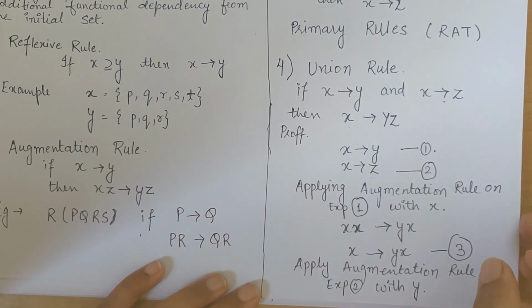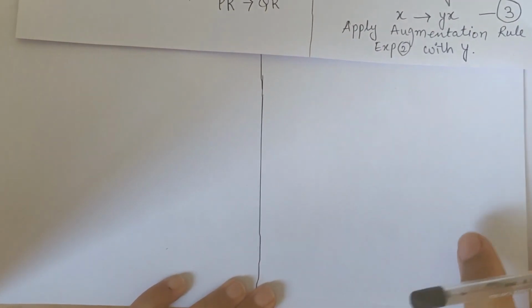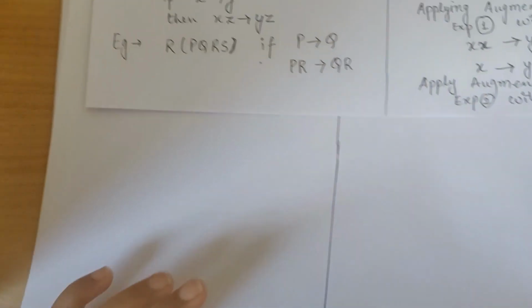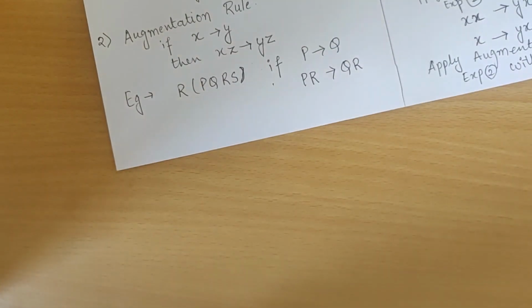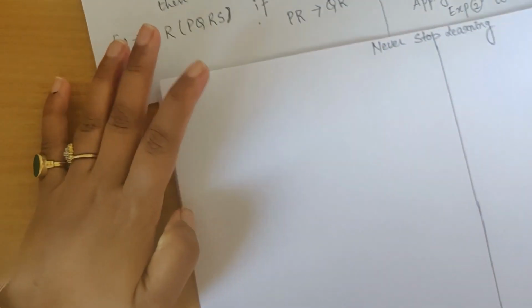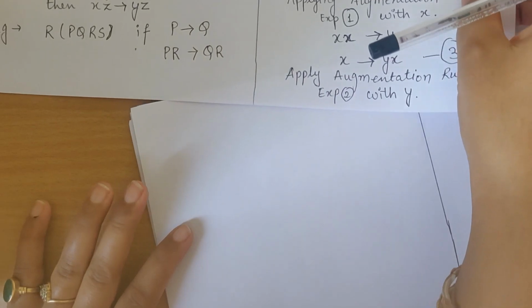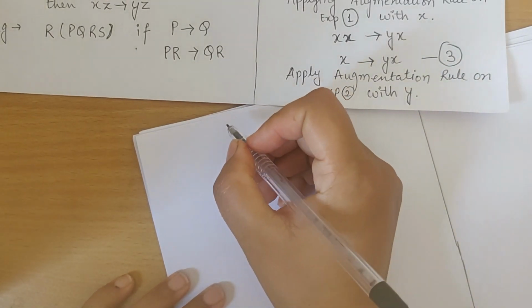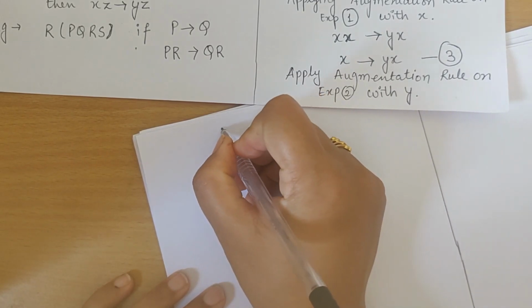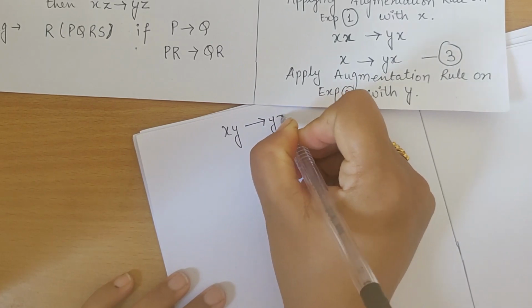So if I apply this rule with respect to y, I can write the fourth expression like this: xy determines yz.